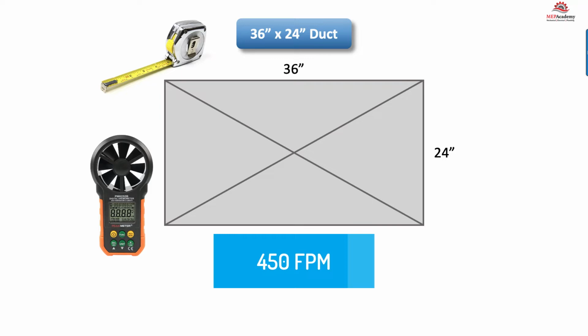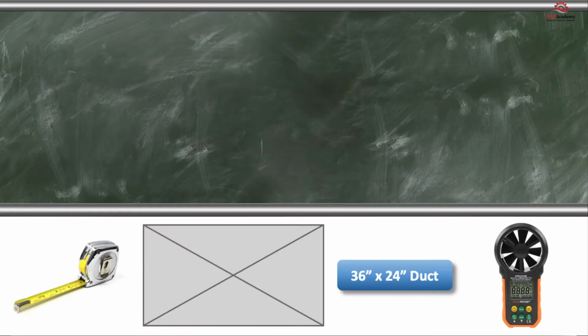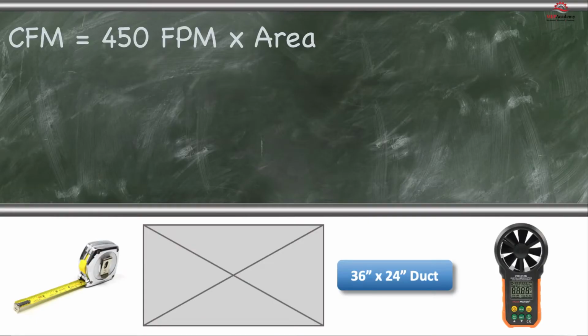Now we can solve for the quantity of CFM flowing through the section of ductwork using the following formula. CFM equals 450 feet per minute times the area, which is 36 by 24.